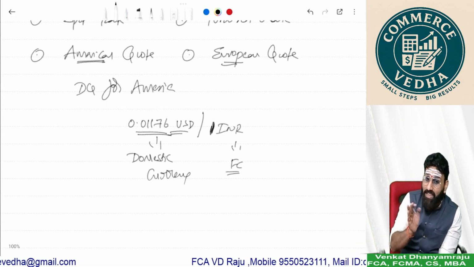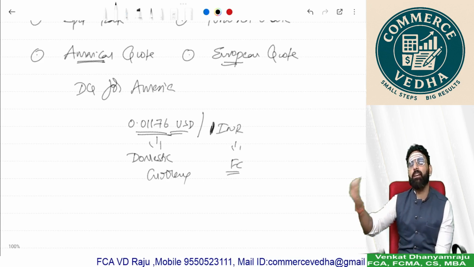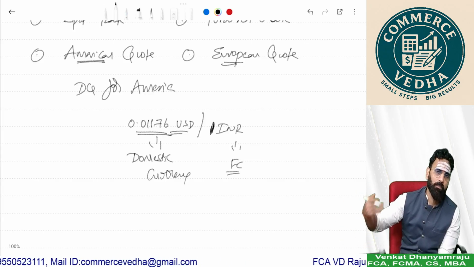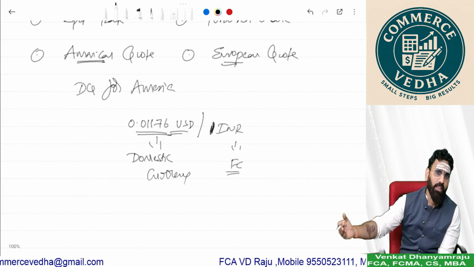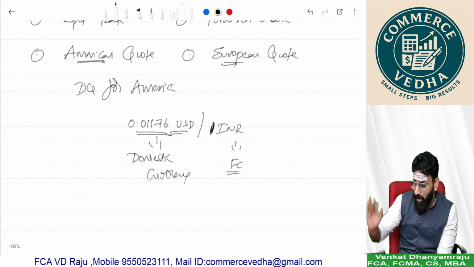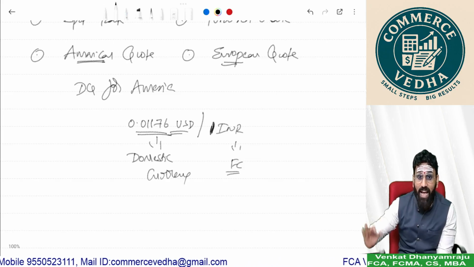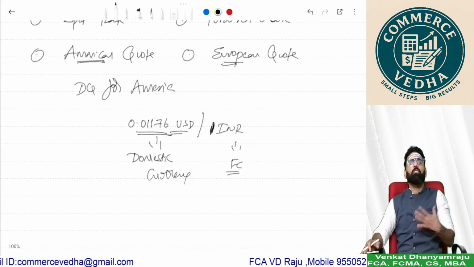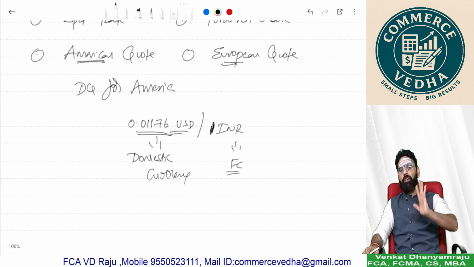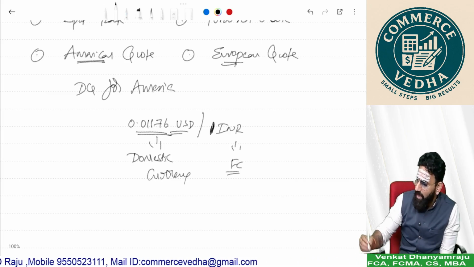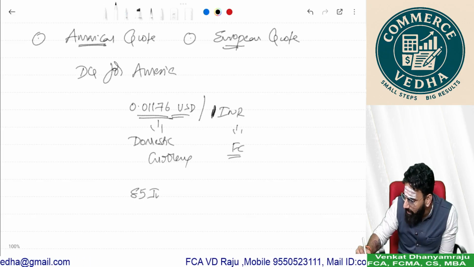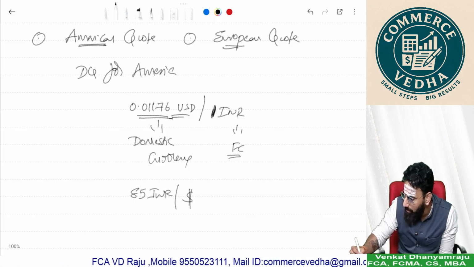It is a direct quote for America, and an indirect quote for any foreign currency, whether it is India, Europe, Japan, China. For everything else an American quote is an indirect quote, but for America an American quote is a direct quote. It shows how many dollars to be paid to purchase 1 unit of foreign currency. You are talking in dollar terms, whereas a European quote is like 85 INR per dollar.